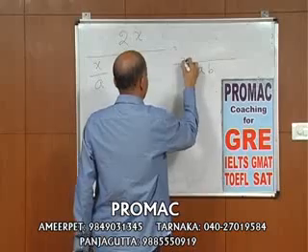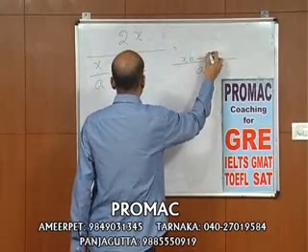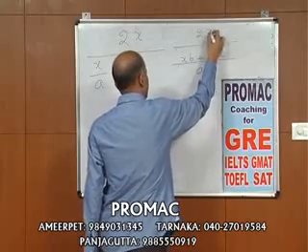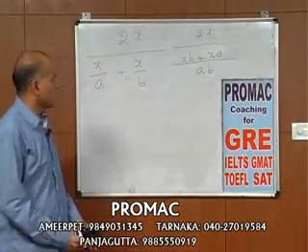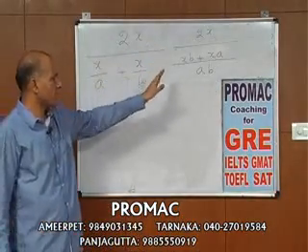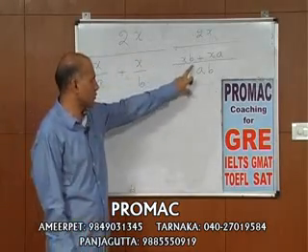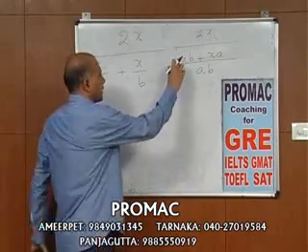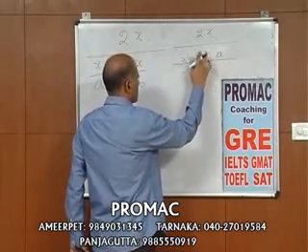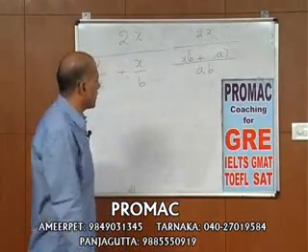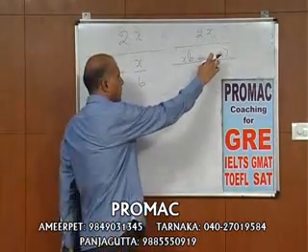With denominator ab, I write xb plus xa. 2x divided by (xb plus xa) by ab. In both these terms x is there. So I rewrite it as x multiplied with (b plus a) by ab.